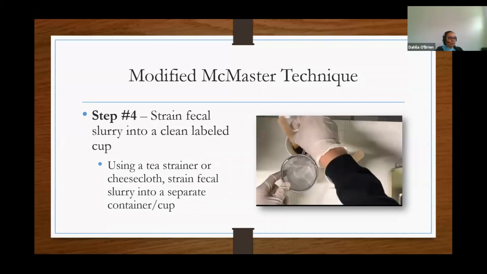The next step is to strain your fecal slurry into a clean labeled cup. At this point, I'll usually pick the top cup off, and I'd use a tea strainer or a cheesecloth and strain that slurry into a separate cup.